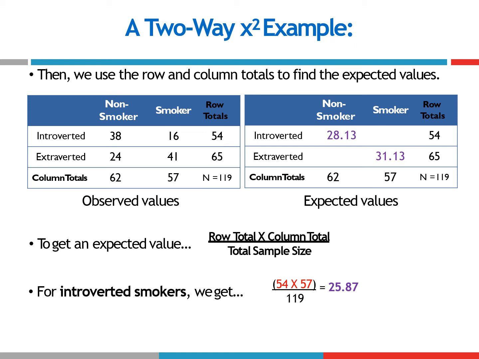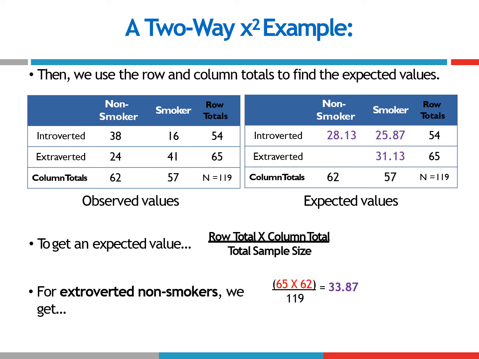Okay, and then for introverted smokers, the row total for introverts is 54, and I would multiply that by the column total for smokers, so 54 times 57 divided by 119 for a value of 25.87.